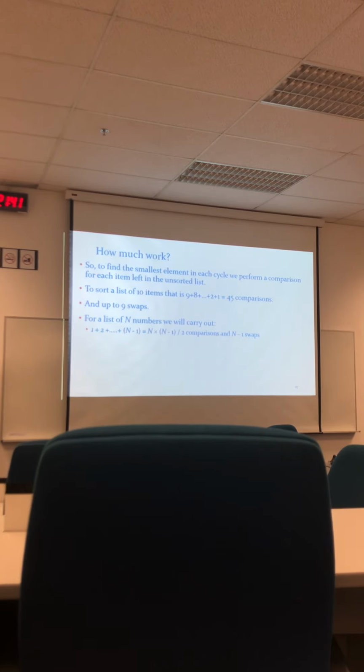Here, the total number of terms, altogether from 1 to n minus 1, is n minus 1 terms. So the sum of an arithmetic series is always first term plus last term, divided by 2, times the number of terms.